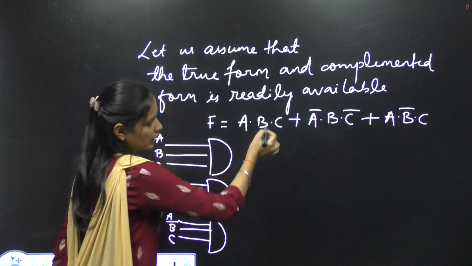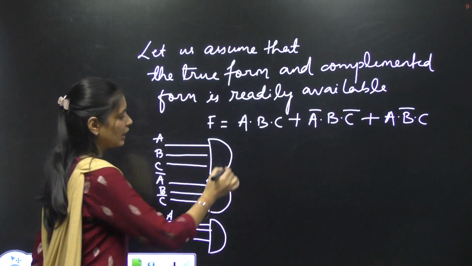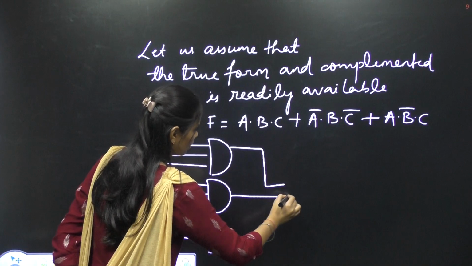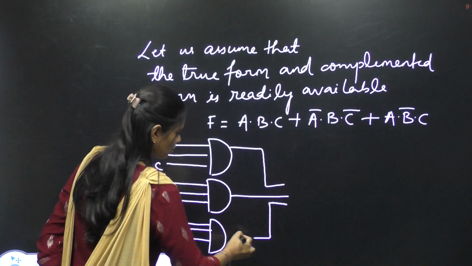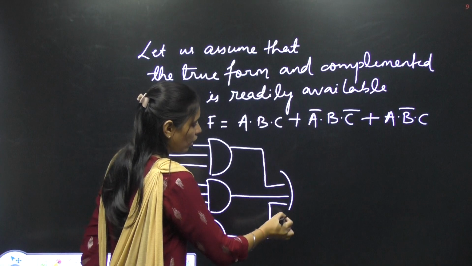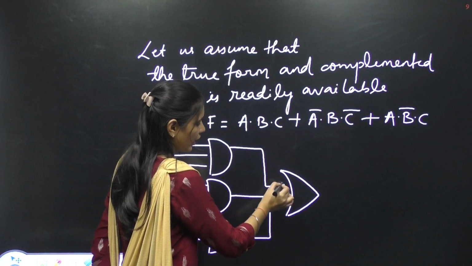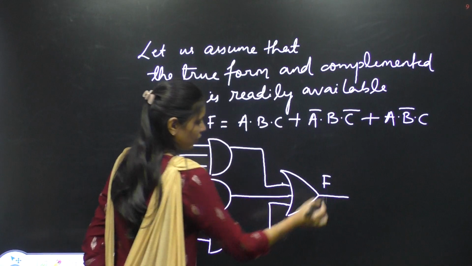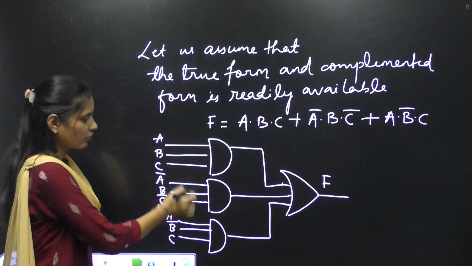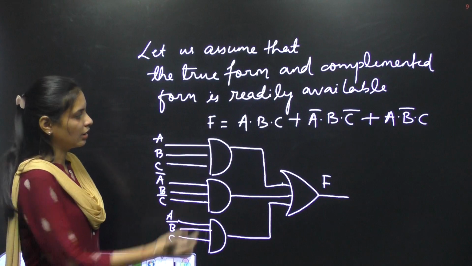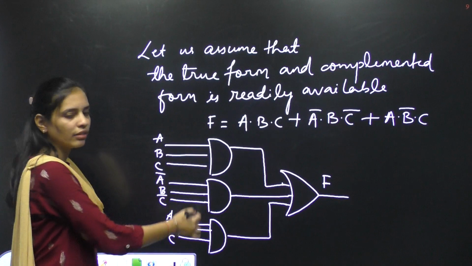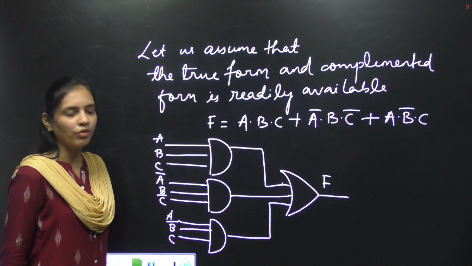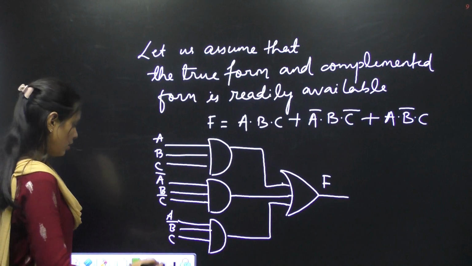As these product terms are summed up, I will require one OR gate to get the value of f. So I will connect all the AND gates to an OR gate, and I will get the output f. So for this representation, I required 3 AND gates and 1 OR gate to represent the Boolean function given above.